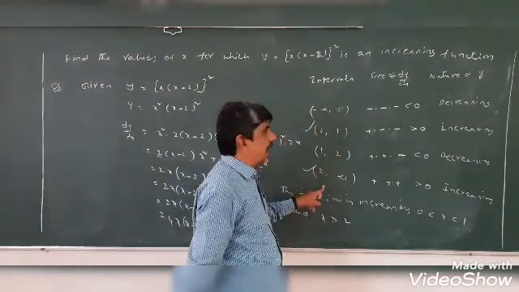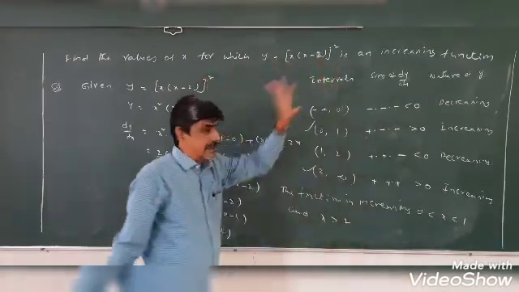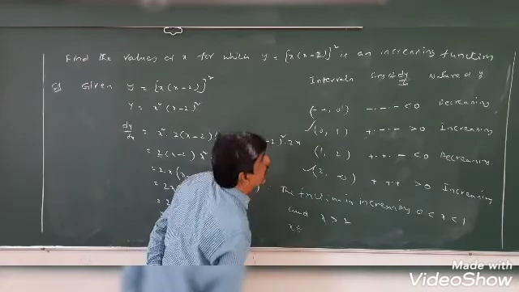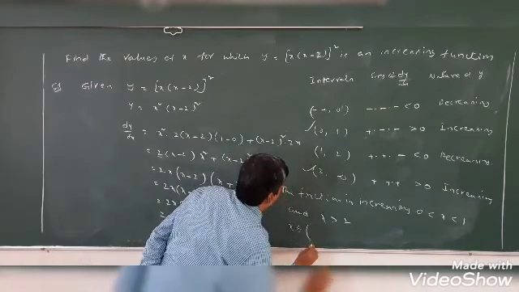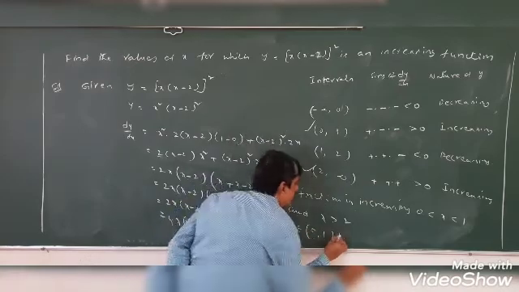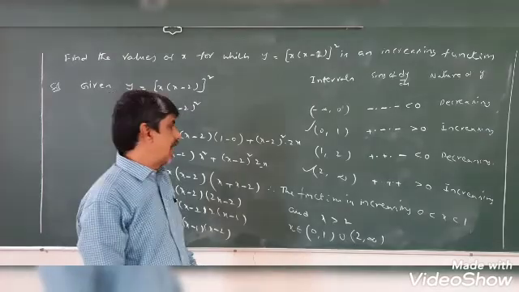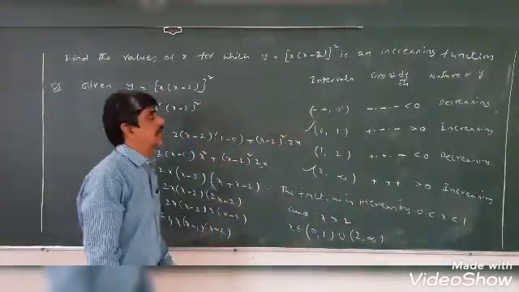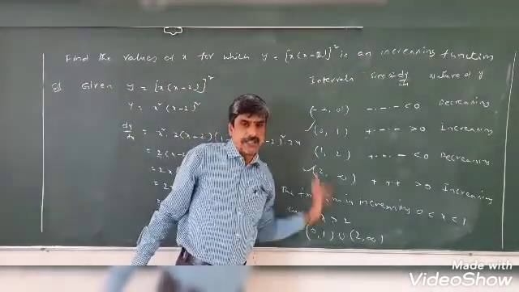In these two intervals, this function is increasing. Or we can write x belongs to the open interval 0 to 1, union 2 to infinity. If you represent the x values like this, the given function is increasing.